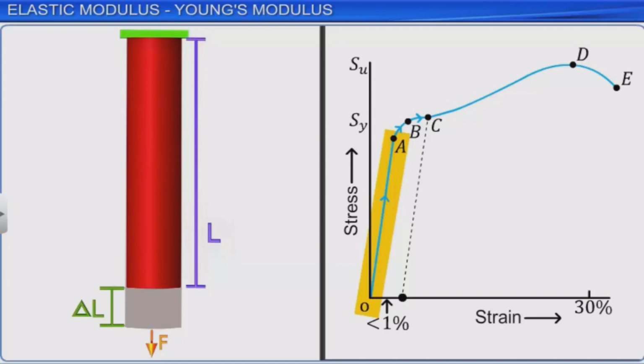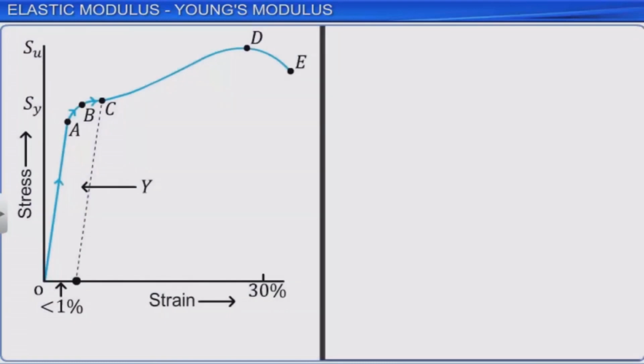More precisely, it is the ratio of stress to strain of an elastic body within its elastic limit. The slope of the straight line, OA, on the longitudinal stress-longitudinal strain curve is called Young's modulus in honor of the British scientist Thomas Young.